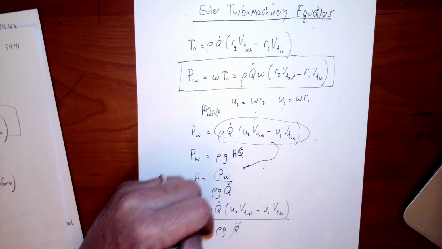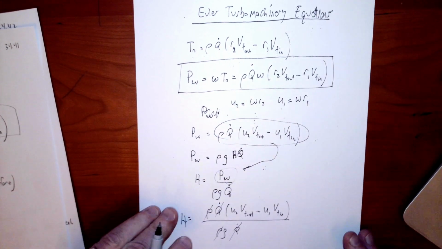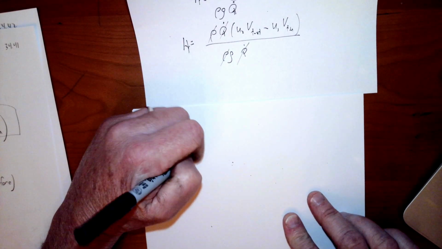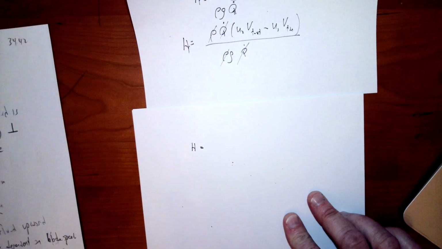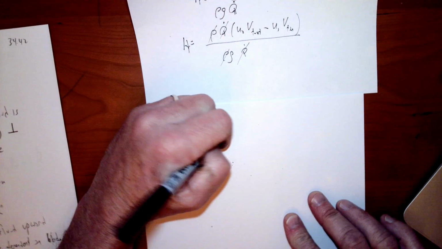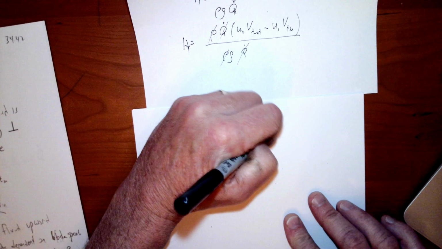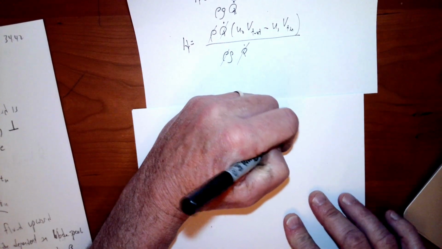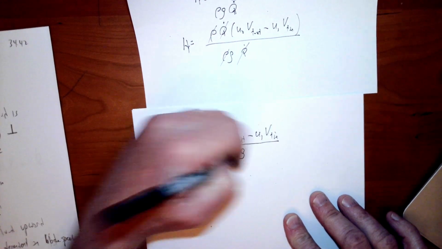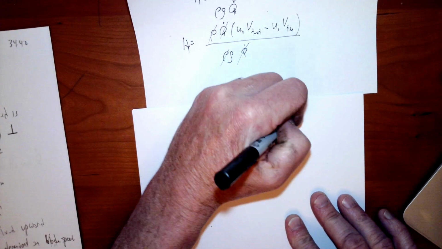Well, the Q dots, of course, cancel, the rho's cancel. So we end up with a pretty clean expression for the net head prediction as well. So the net head can be predicted as being U2 VT out minus U1 VT in divided by G. So there's another one of Euler's turbomachinery equations.